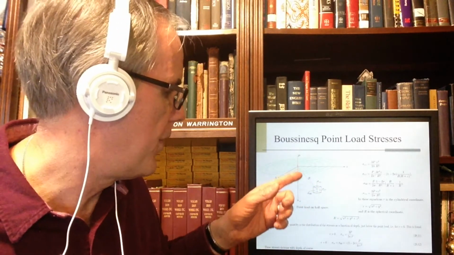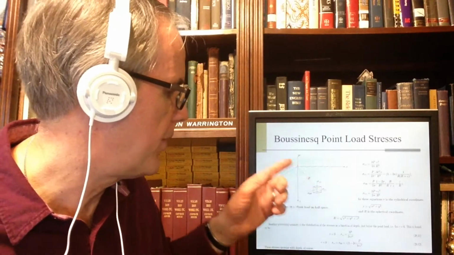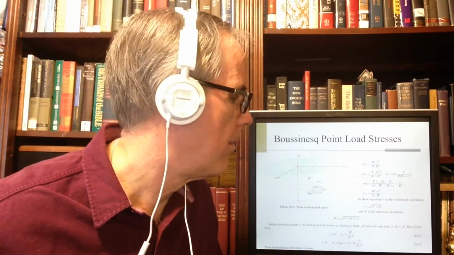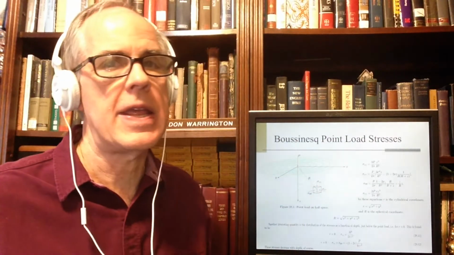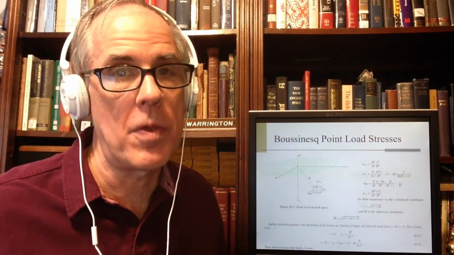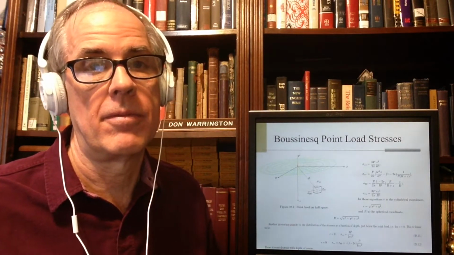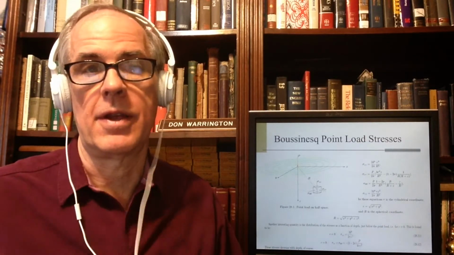In other words, this forms a triangle. This is the hypotenuse of that triangle. Obviously, if you're directly below the point, then Z and R are the same. Obviously. Well, I think it's obvious.